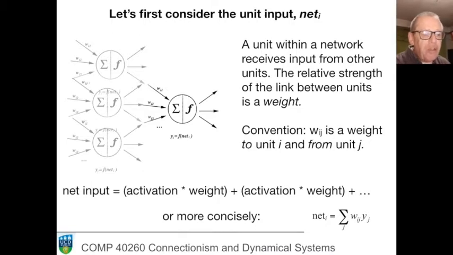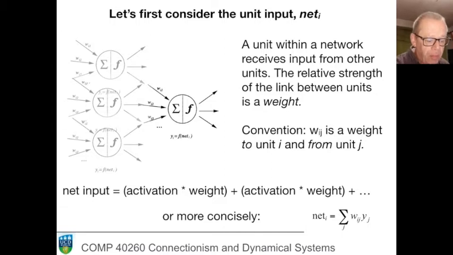The link between the preceding units and the current unit is given by a weight. And we need to introduce a convention here, and we'll stick to this convention, and this convention is ubiquitous in the field. It's not just for the purposes of this class. When we say w_ij, we're referring to the weight to unit i from unit j.